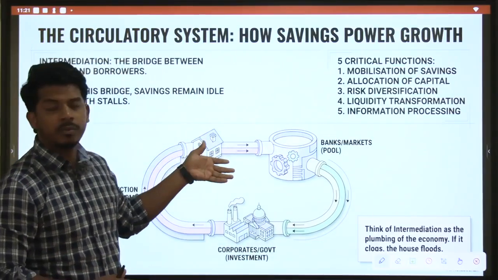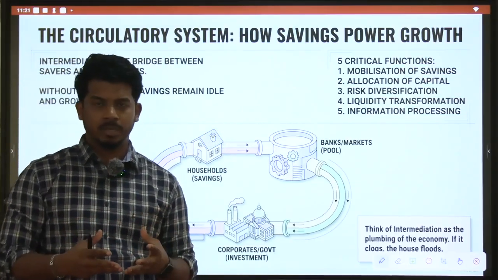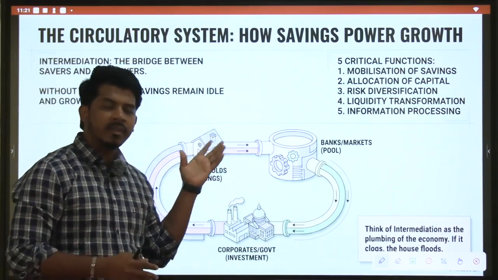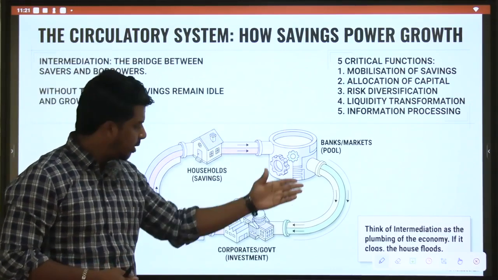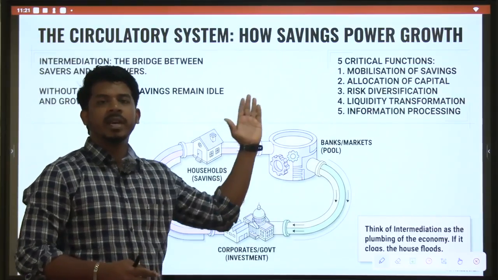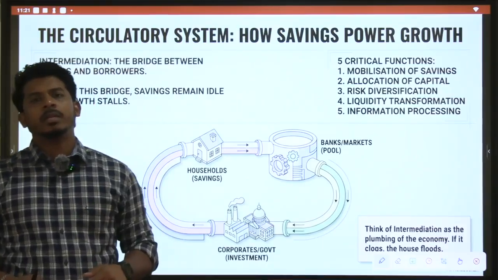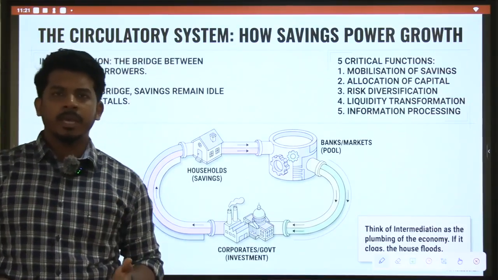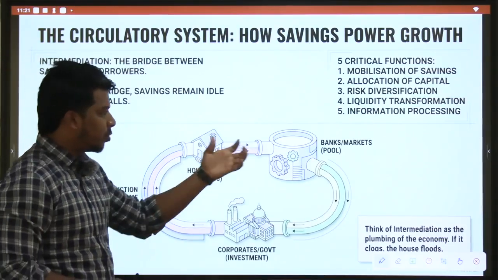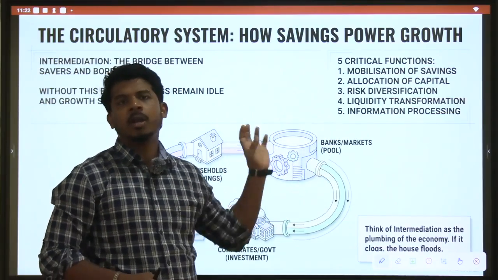So money in its normal form we call money or cash. When you convert these savings, excess money, into investment, it is called finance. Okay, so this is the financial system. All the institutions, banks, NBFCs, RBI, all of these institutions involved in this process together are called the financial system.